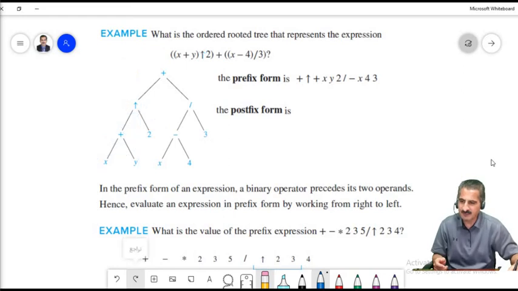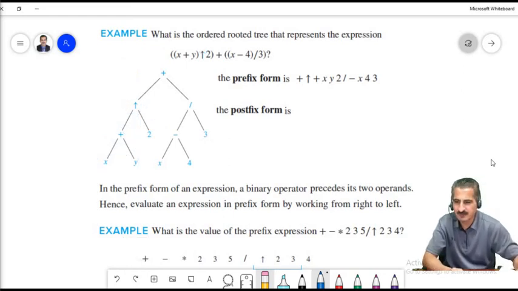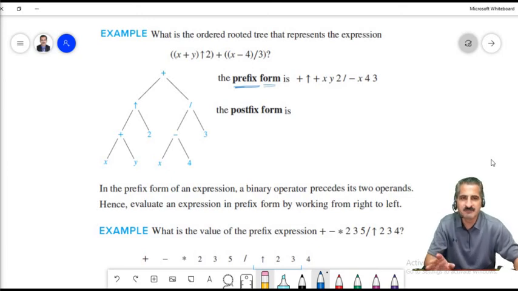Okay, so let me clean all that and relate what you want here to the prefix form. What do we mean by prefix form? Simply visit the vertices of this tree, of this expression, using the pre-order traversal.